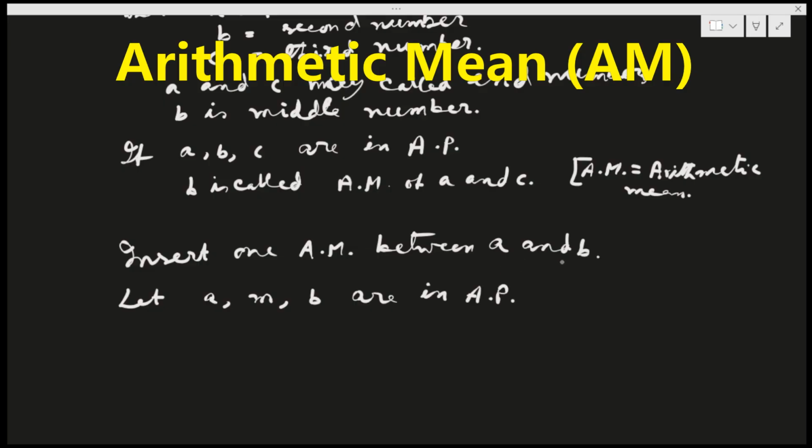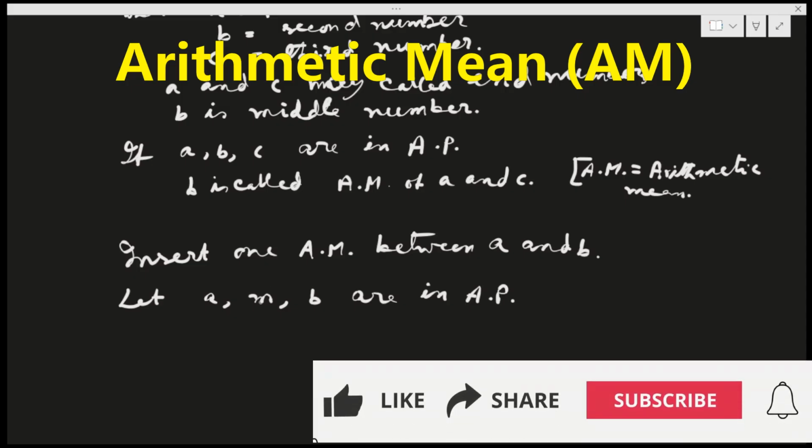Here A and B are two numbers. We have to find one arithmetic mean. Let that one arithmetic mean be M. So A, M and B must be in AP.